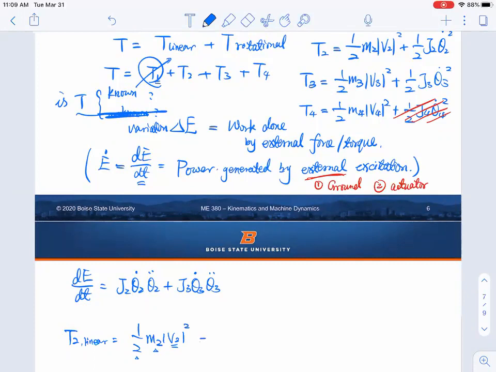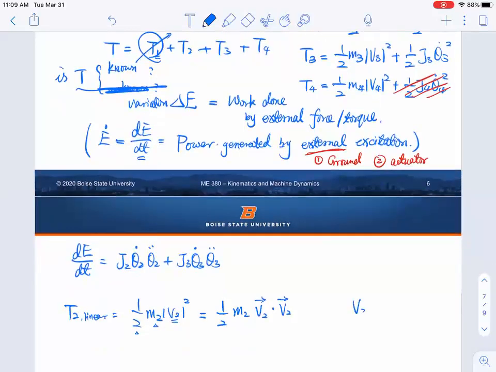But in calculus, your kinetic energy can also be written as the product of two vectors. Make sense? That's because your v2 vector length square equals v2 dot product v2. And then we can use vector calculus.